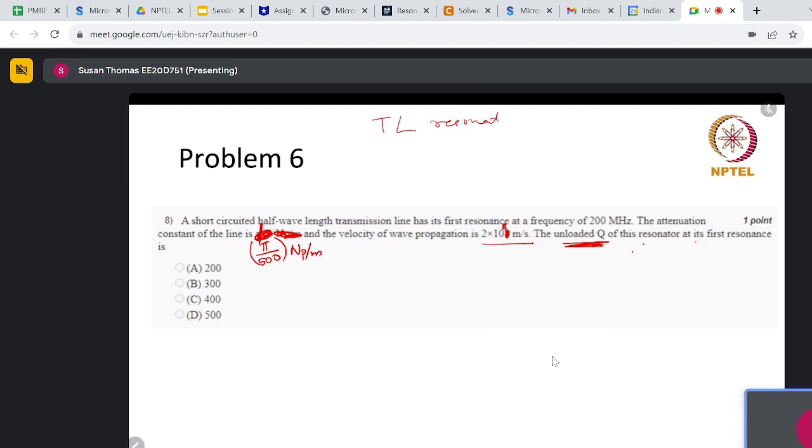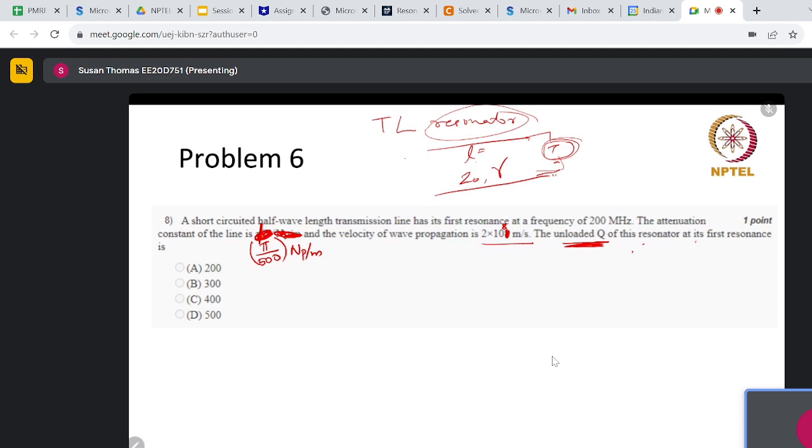As we discussed even in the transmission line section, a short length of a transmission line, say length l, with a characteristic impedance of Z0 and propagation constant of gamma, whatever be the termination, might act as a resonator under certain conditions, depending upon the length of the transmission line and the termination.